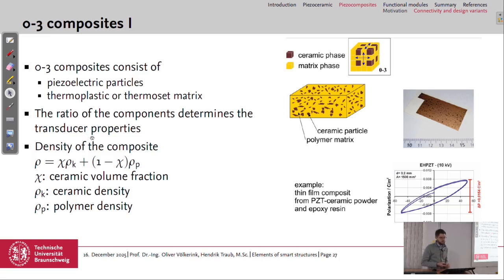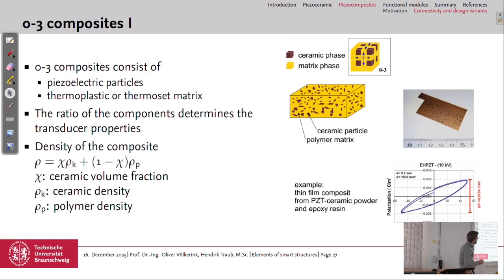The more ceramic we have, the more capable the transducer is afterwards. With a simple rule of mixture, we can also estimate the density, which is of interest for lightweight applications. The overall density is the ceramic volume fraction times the ceramic density, plus 1 minus the ceramic volume fraction, so the polymer volume fraction, times the polymer density.